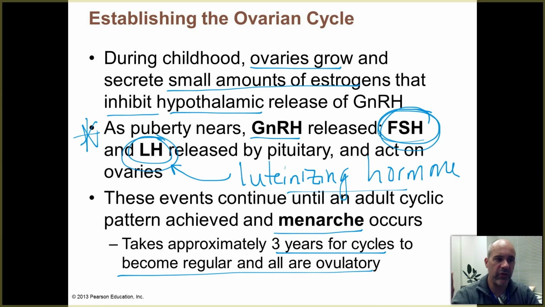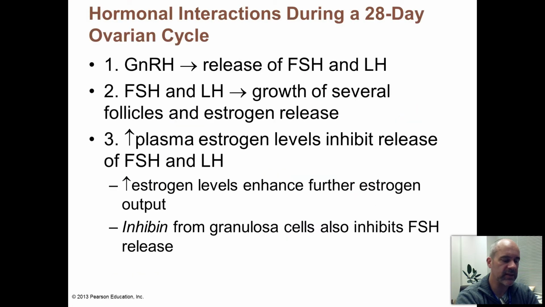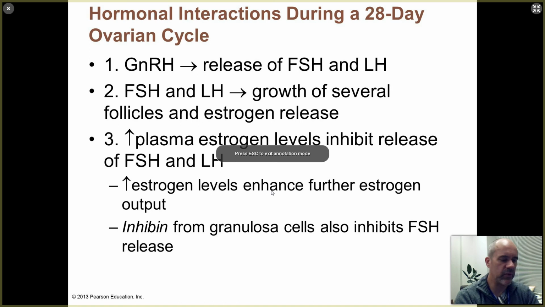Menarche refers to the first menstrual period. But again, it'll take about 3 years for these cycles, on average, to become regular. Of course, that varies from female to female. Some females never have completely regular menstrual cycles. There are a lot of factors and individual differences involved in this.